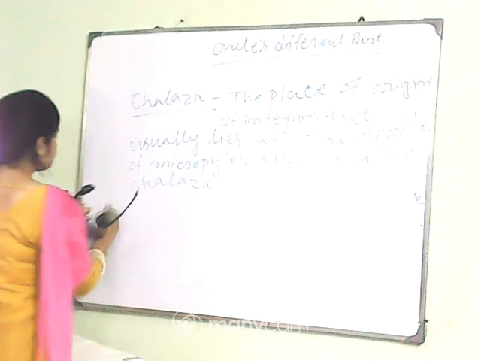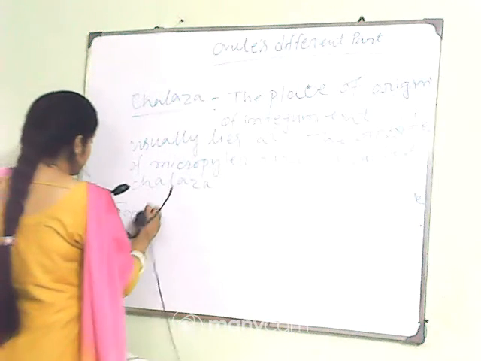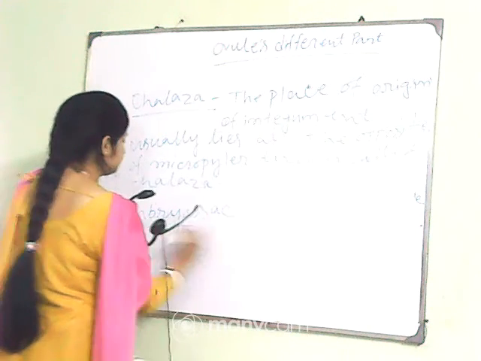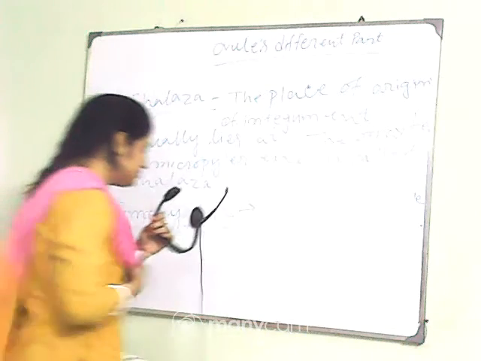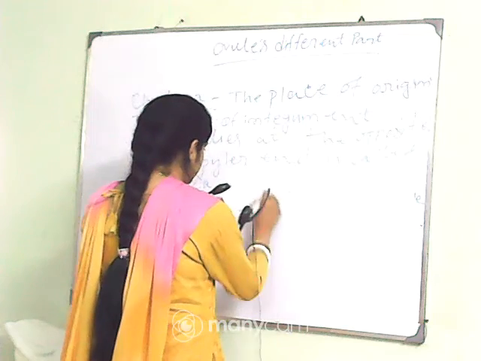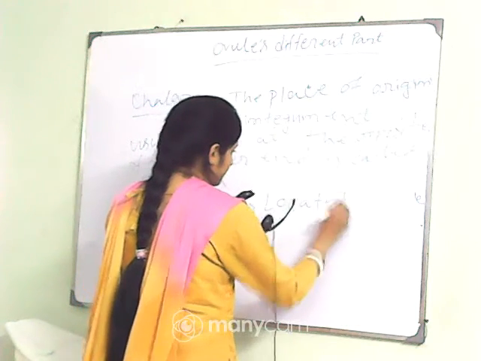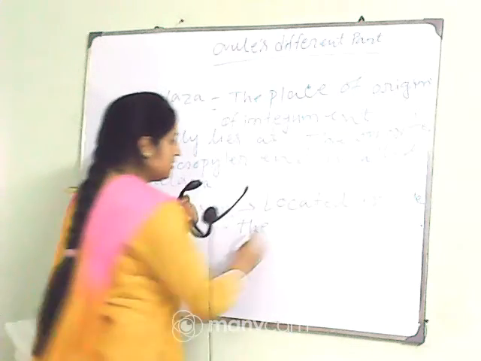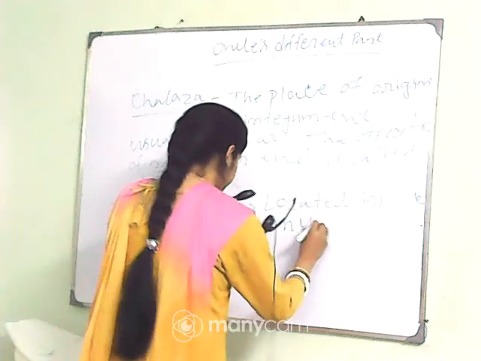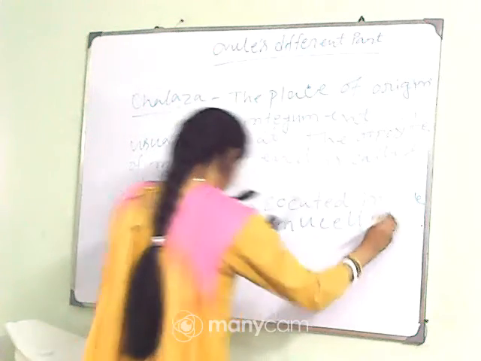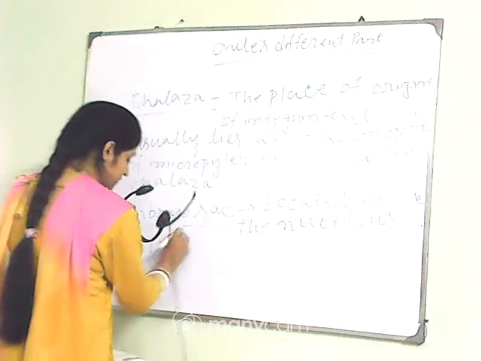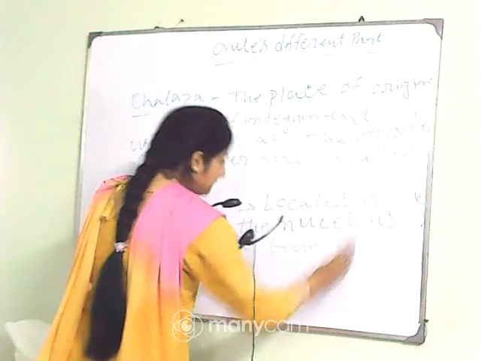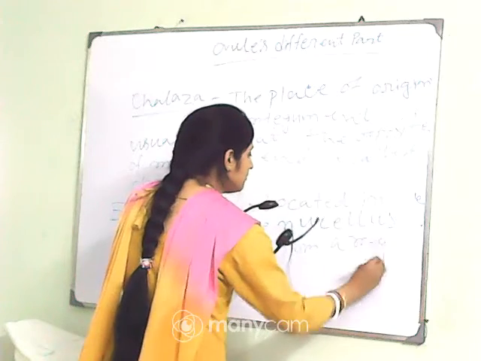And the last one, the embryo sac. It is located in the nucellus, in the center part covered by the nucellus. It is formed from a megaspore.